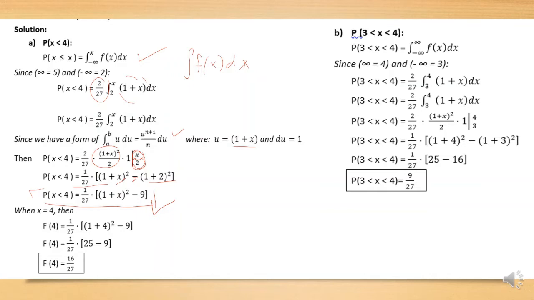So, kapag ating dinidiscuss na yung ating hinahanap, when x is 4, sabi niya, you get this probability. This is the probability or the area under the curve. So, kung i-draw yan, kung ito halimbawa yung 0, ito yung 4, ito yung area na yon. So, meron kang probability ng 16 over 27.